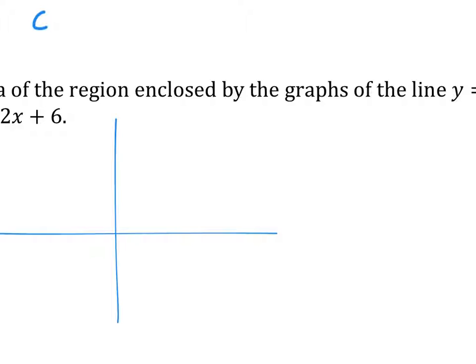Y equals x minus 1. That is a y-intercept at -1, and then it just looks like this. Y squared equals 2x plus 6. We know it's going to be a left and right parabola. We don't really know how it looks, so let's go ahead and solve it in x.